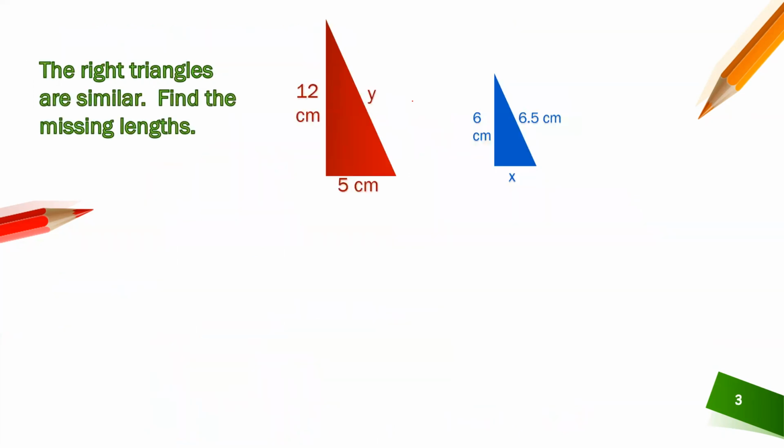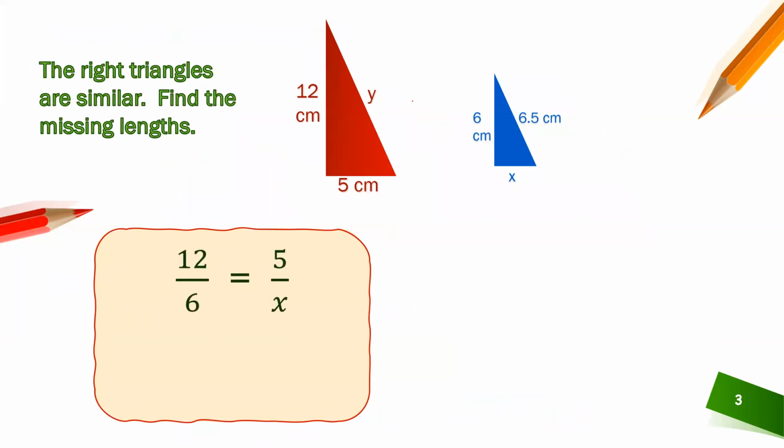All right, let's take a look at this one. These two right triangles are similar. Find the missing lengths. That means the X and the Y in the pictures there. Okay, so if we write 12 is to 6, that would be the same as 5 is to X. We're going from red to blue and keep the sides corresponding to each other.